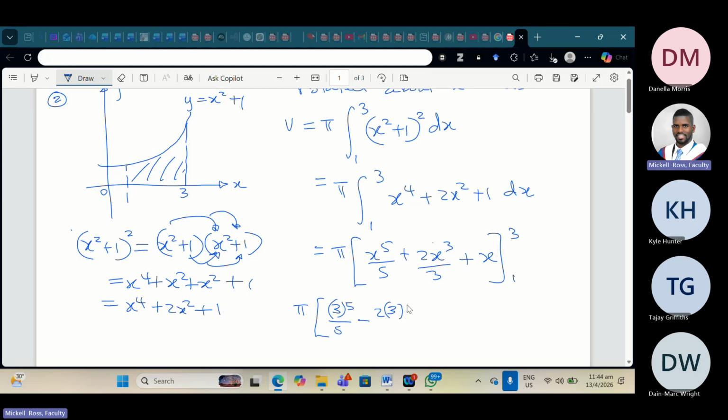Substituting the values, and then once we're finished, we just multiply by pi at the end. So we have this side minus when x is 1: 1 to the fifth over 5 plus 2 times 1 cubed over 3 plus 1. Once you get the final answer, you just multiply it by pi.